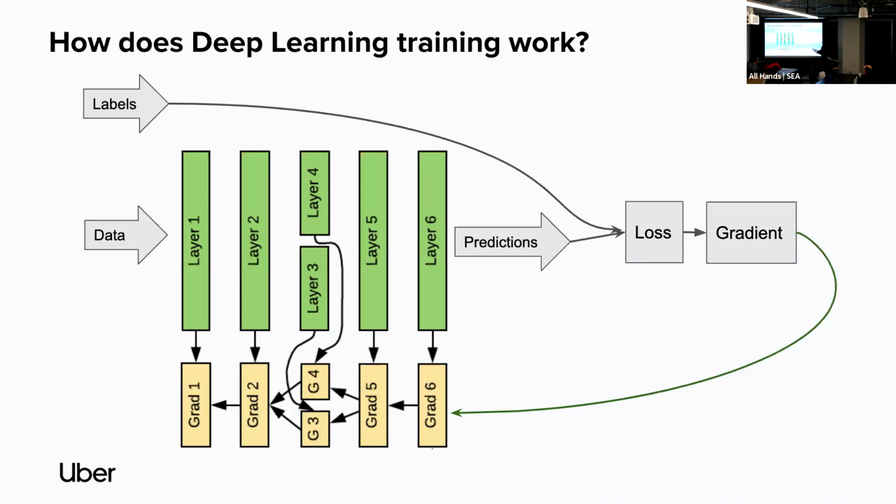Those gradients go backwards and are applied to your layers and update the weights of each one of these layers with gradient descent. That's how gradually, with more data, you train your layers and you get better at whatever metric you're looking for in your loss function.